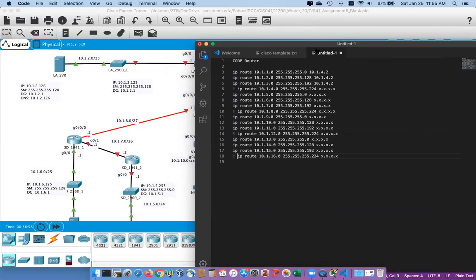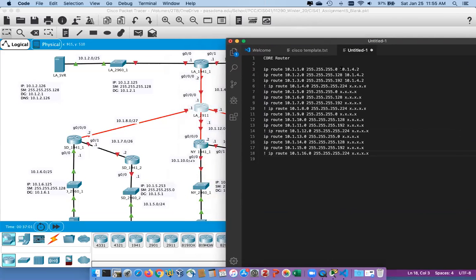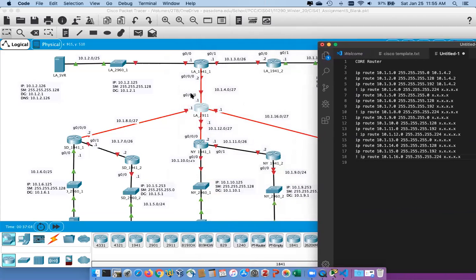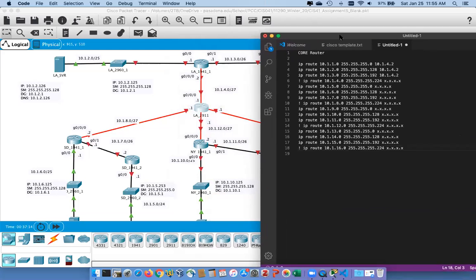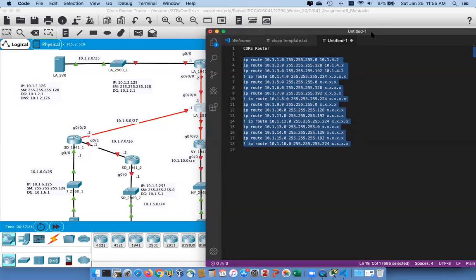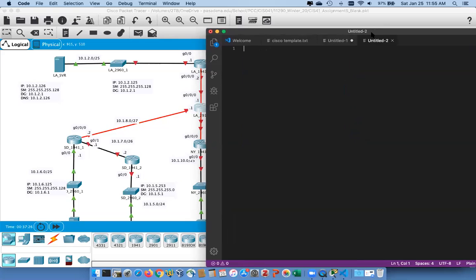Okay, now 10.1.42, we already figured these out from the top up here. And those are all going to the next hop up here. Okay, so that means you'll probably want to take this again and go from the LA 1941.